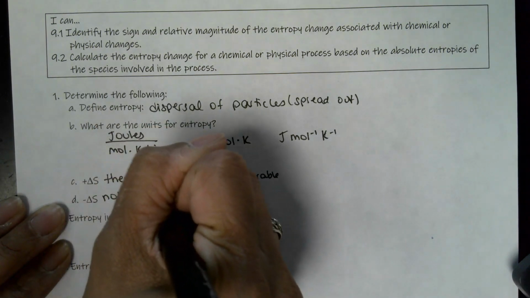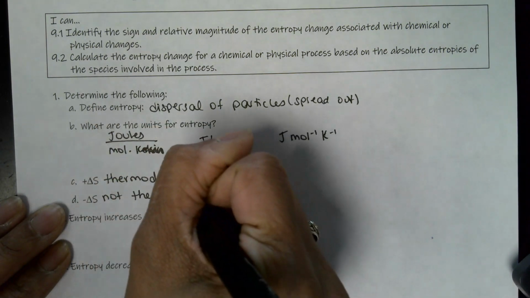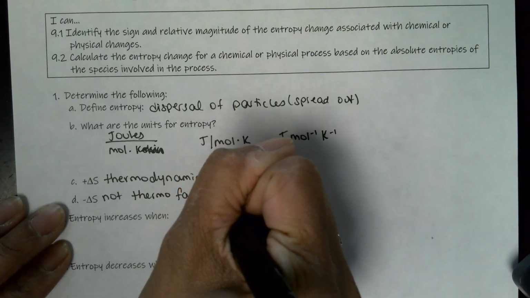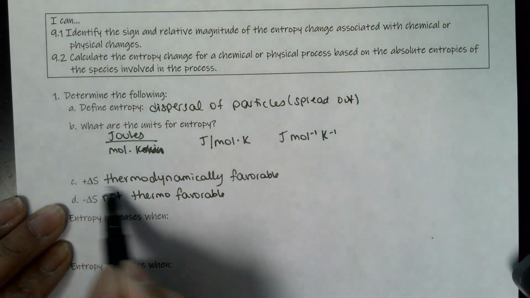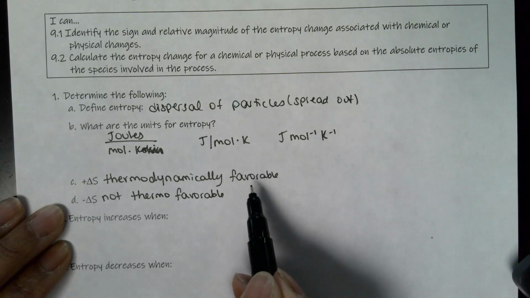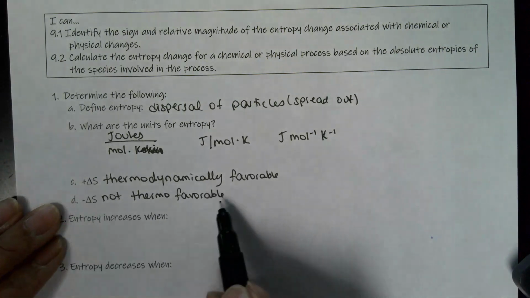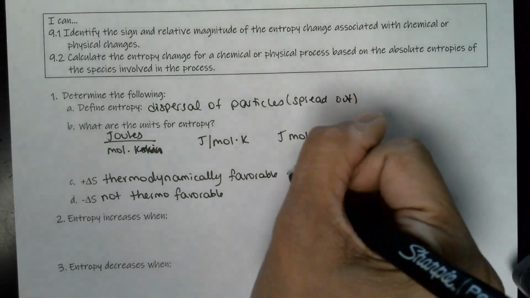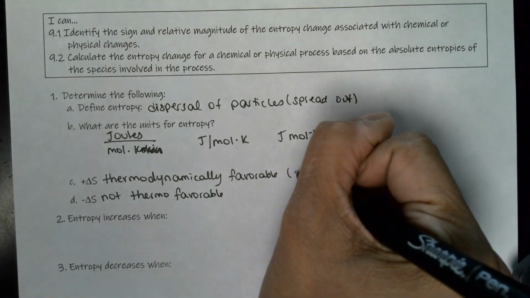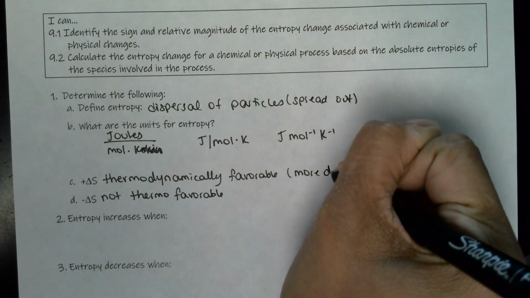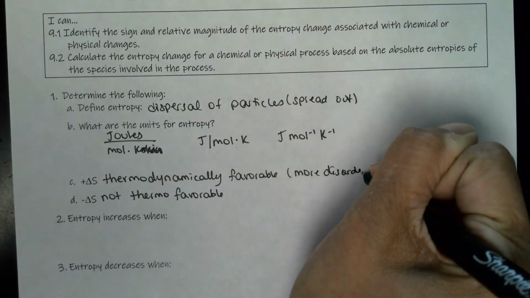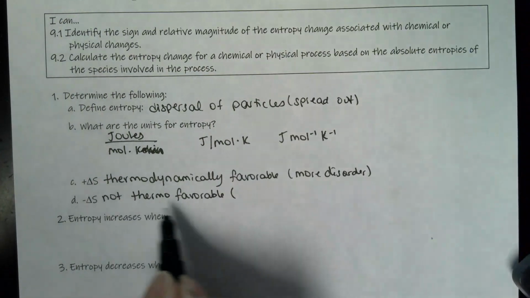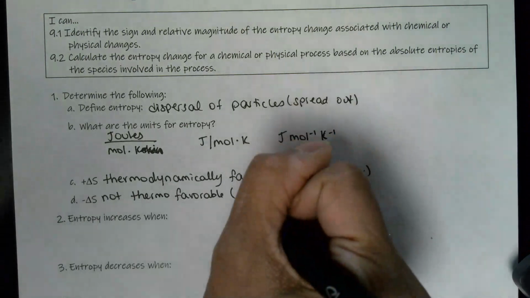I'm going to abbreviate that as thermofavorable. You will use the terms thermodynamically and not thermodynamically favorable as you're answering free response questions. So again, thermodynamically favorable is more disorder, and not favorable, or negative S, is less disorder or more orderly.